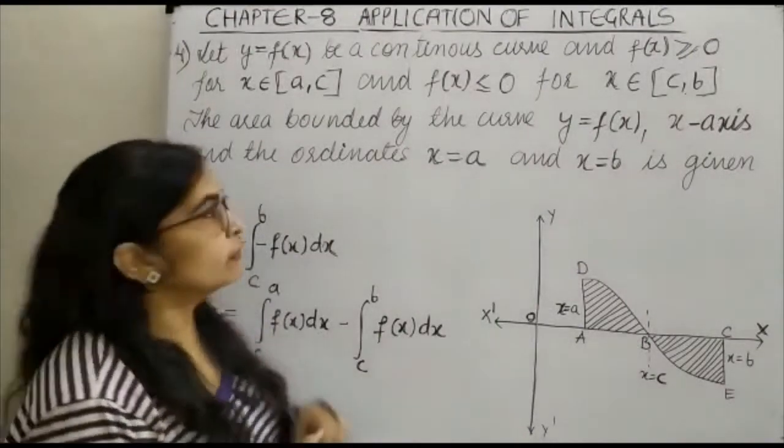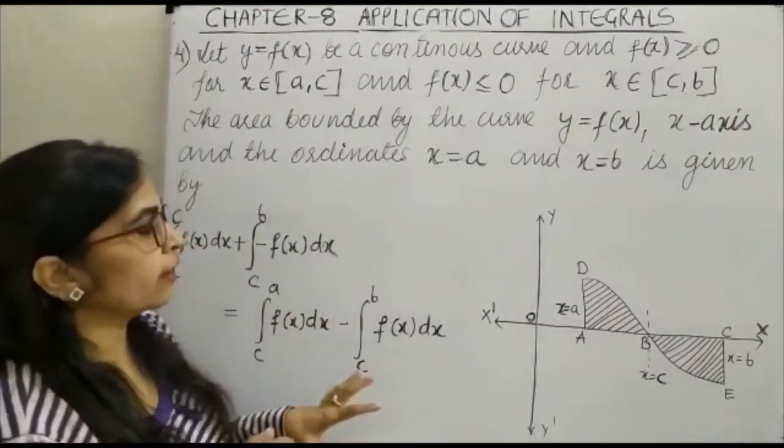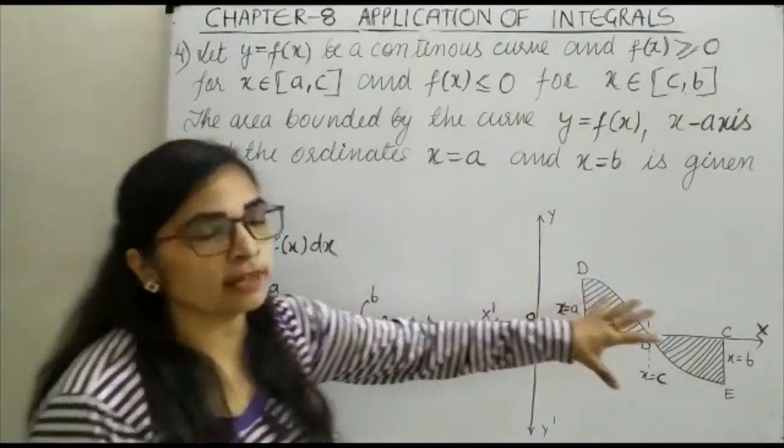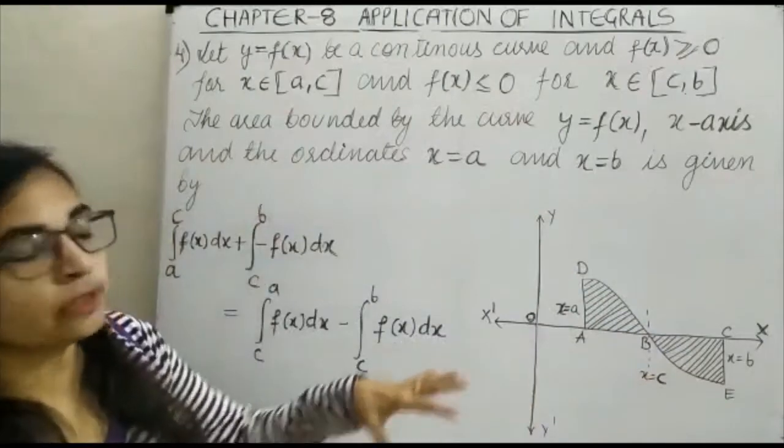Moving ahead to our fourth point, here we have two curves. One is above the x-axis and the other one is below the x-axis.